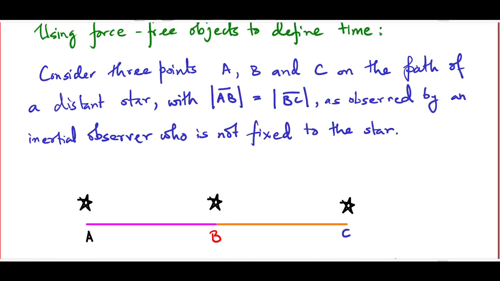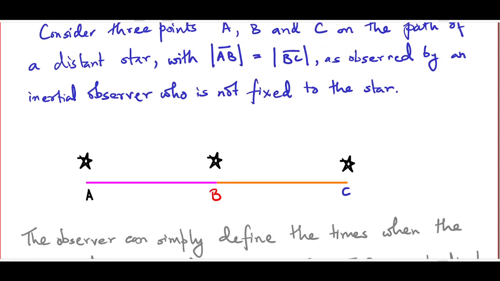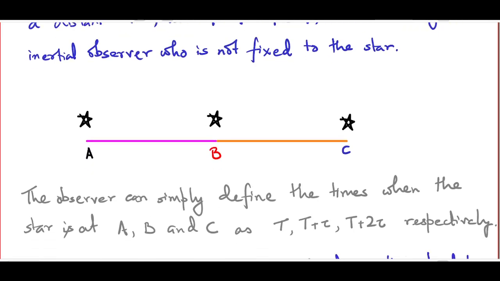You will assign some value, let's say capital T, to the time when our star is at A. When it moves to B, then you will say that the time for that particular event is capital T plus tau. So you are saying a time of tau has elapsed in which the star has moved from A to B. That in itself would be trivial, but what you then say is that when the star moves from B to C, which remember is the same distance as before, the time interval is exactly the same.